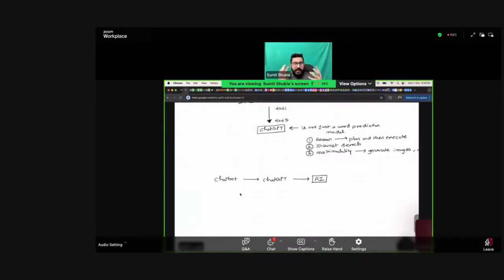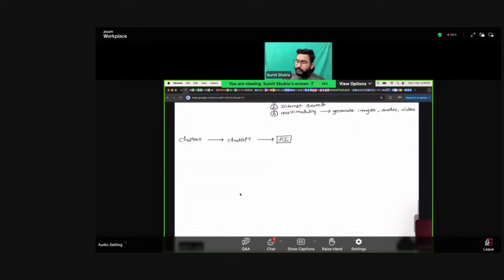AI basically is that sophisticated model which has got the capabilities of human thinking, and it is also able to generate not only text, but also images, videos, and audio. So that is the AI which we use today. But this AI is basically an artificial brain today.